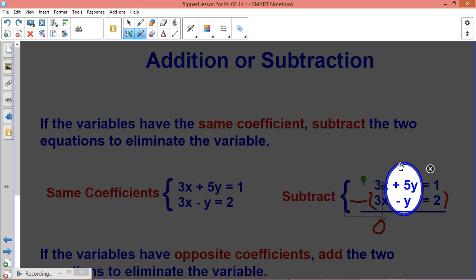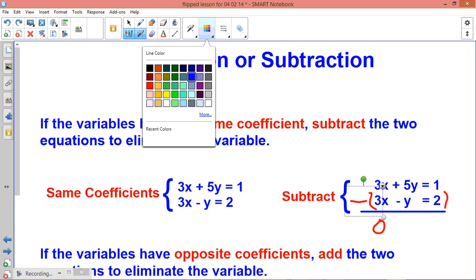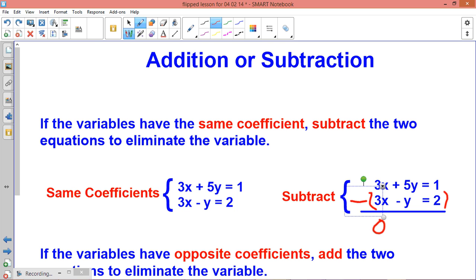This negative sign right here did not go away, but this is a negative here. So what I'm really doing, subtracting a negative, is the same thing as saying 5y plus y. So 5y plus y is going to give me positive 6y.